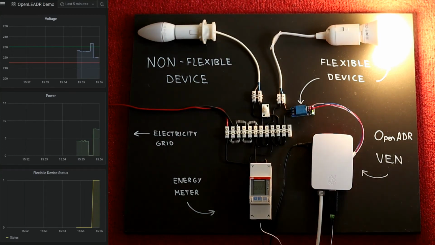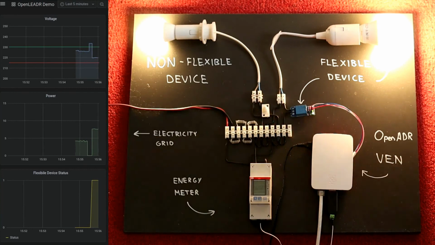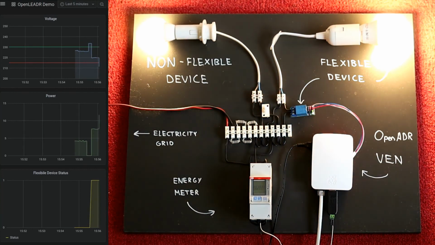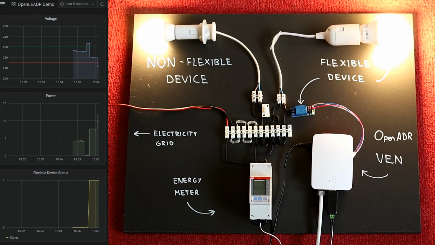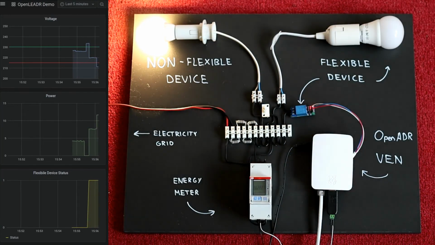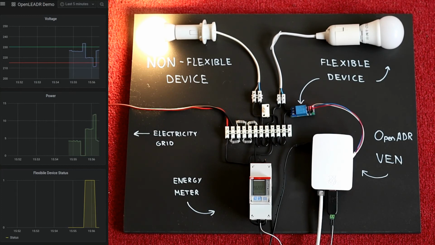If we now turn on the non-flexible device, you'll notice that the voltage dips below 215, which triggers another event that says you have to turn off your flexible device, and the flexible device turns off. You can also see the status, which is nicely reported in the bottom chart, the yellow one. And this is how easy it is.